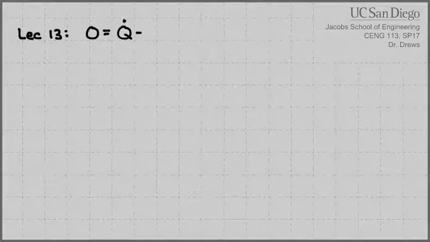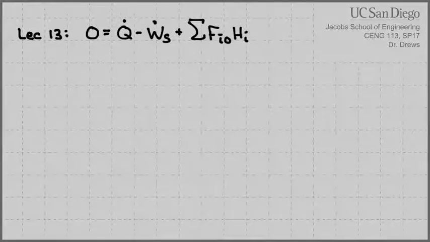So if you dig back in your notes, back in lecture 13, we had introduced the following equation for an energy balance of a system at, I believe this was steady state. We had derived the amount of energy coming in minus the amount of shaft work, and then plus these two sum terms, where we had the amount of moles of stuff coming in times the enthalpy of that stuff coming in, minus the sum of all the moles of things going out, Fi times the enthalpy of that stuff going out.